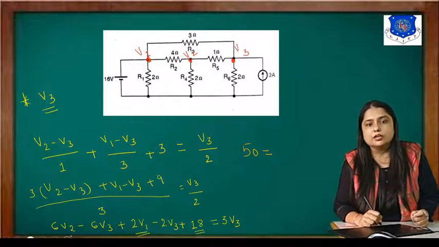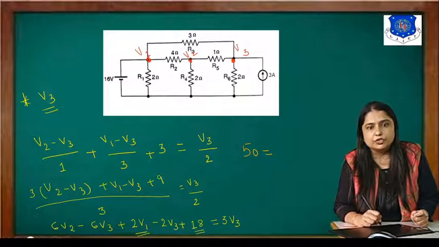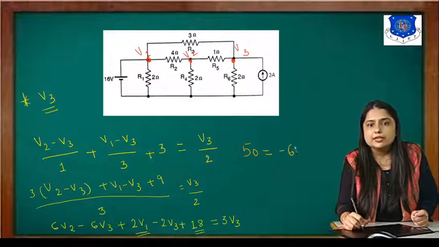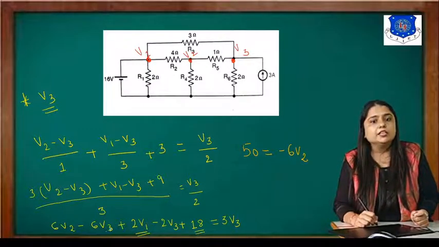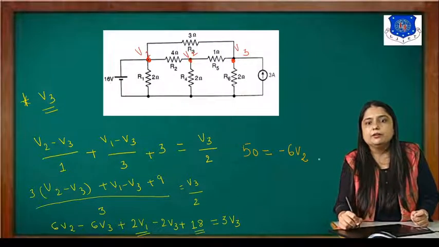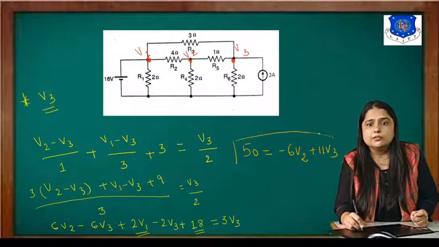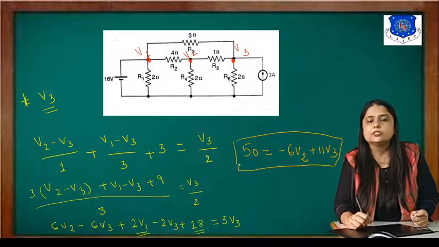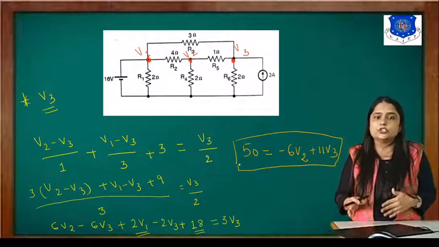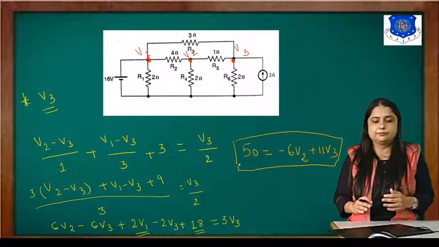So it is 6V2, and there is no other term of V2, so it will become minus 6V2, and for V3, 6 plus 2 is 8, and plus 3, that equals 11V3. So this will become our equation number 2. We have to solve equation 1 and equation 2 in order to find the value of V2 and V3.